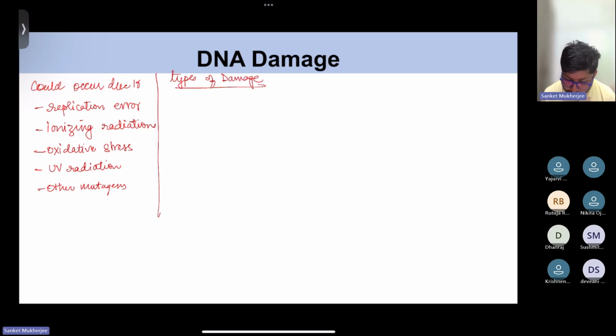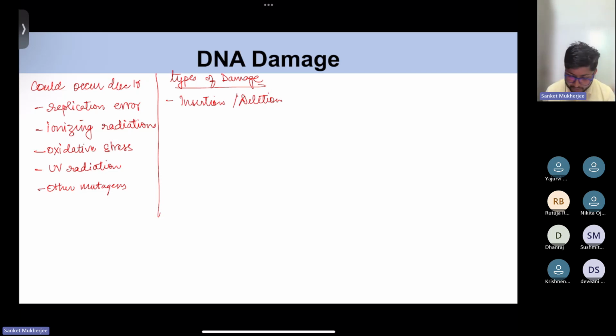We'll talk about what the types of DNA damage are. The types of damage could be either insertion or deletion in the DNA sequence. We know DNA is made up of 4 letters, A, T, C, and G. It is possible that due to any of these reasons listed on the left, there is an insertion of a sequence or a deletion of some sequence.